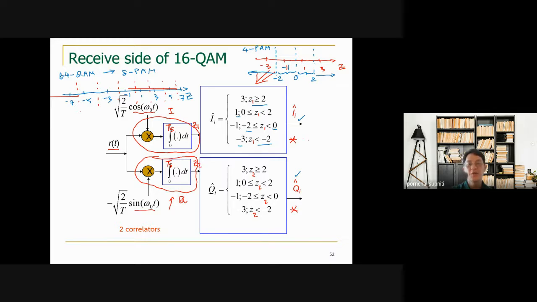The goal is never to replicate the pulses that have been transmitted, but to make the decision behind the A to D, which is behind the matched filter or the correlators. That's the main difference.